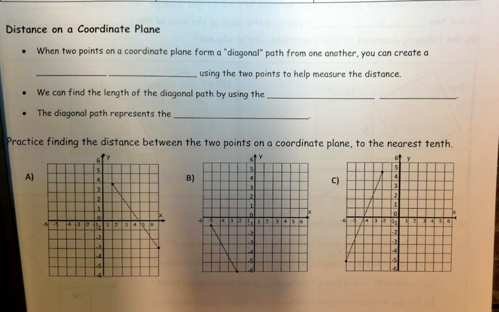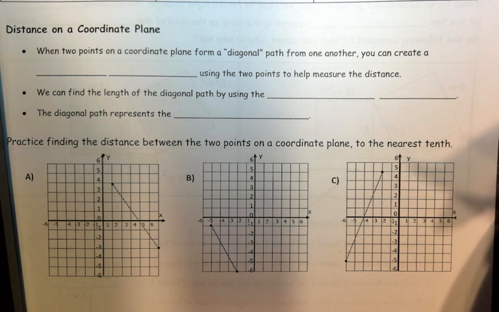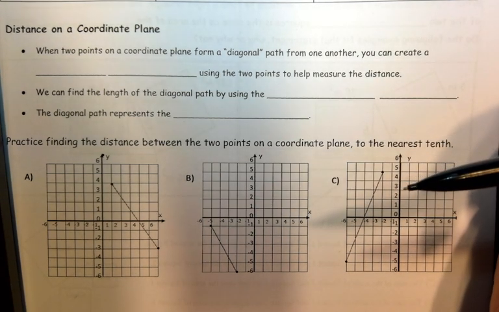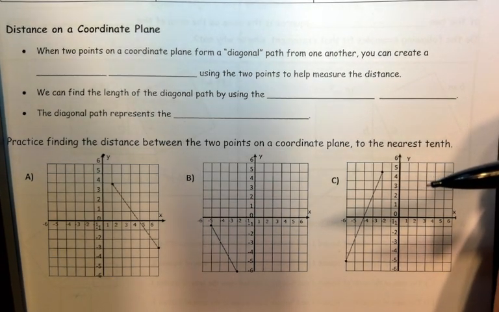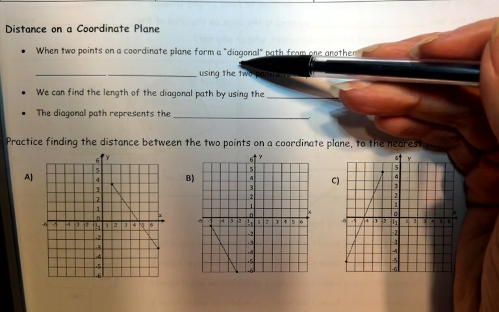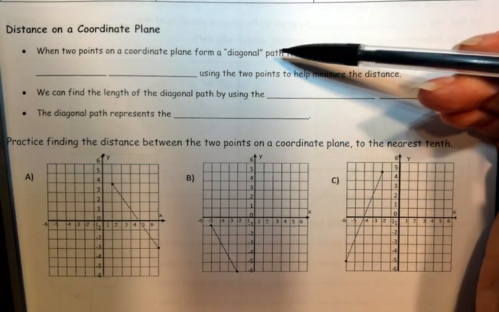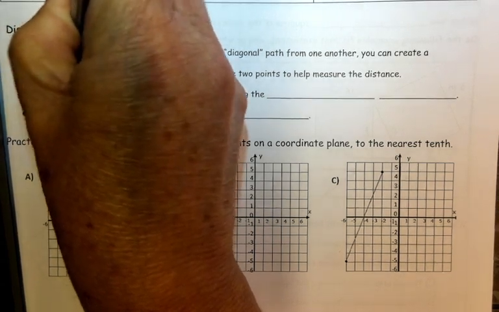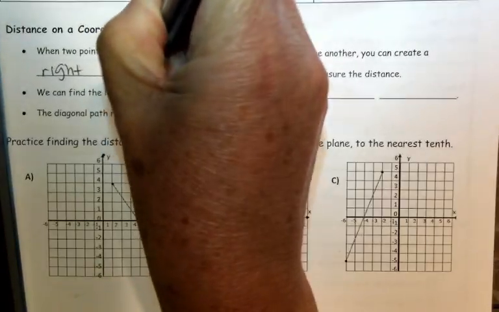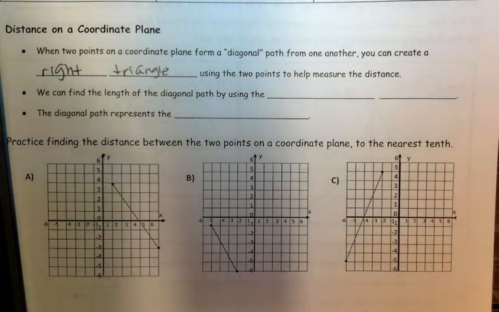All right, now we're going to go ahead and work on using the distance on a coordinate plane, and we're going to find diagonal lengths. And we're going to use the Pythagorean theorem to find those diagonal lengths. So it says here, when 2 points on a coordinate plane form a diagonal path from one another, remember that's a key word that we've been talking about, you can create a right triangle using the 2 points to help measure the distance.